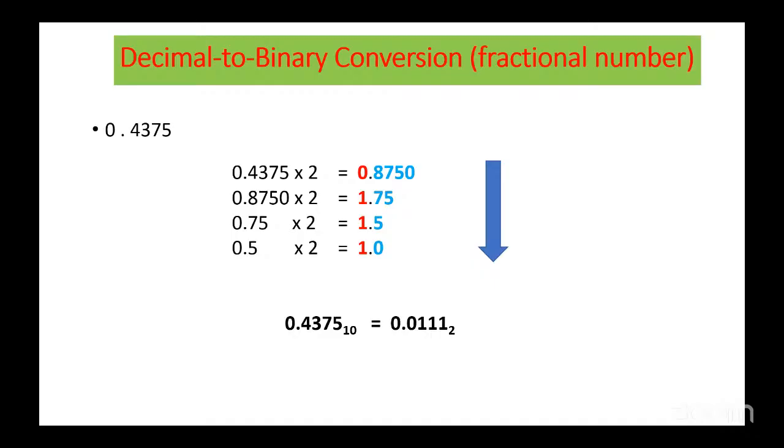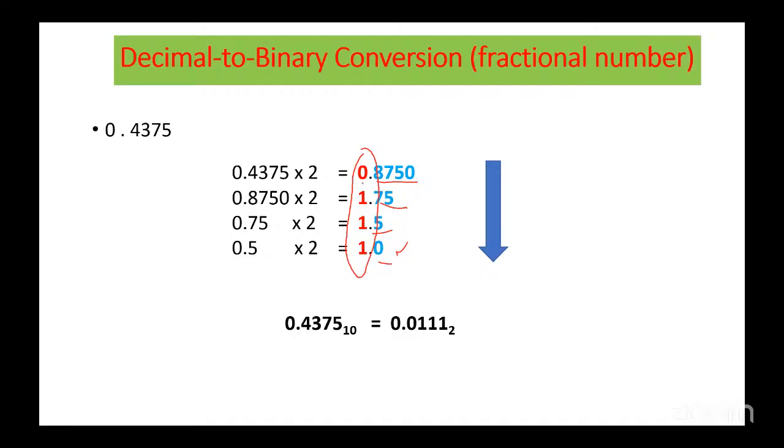By multiplying by 2, 0.4375 gives 0.8750. Next, again multiply with this, not considering the 0. 0.8750 into 2 gives 1.75. Again, the integer parts are marked in red. You should leave these and multiply the remaining numbers until you get 0.